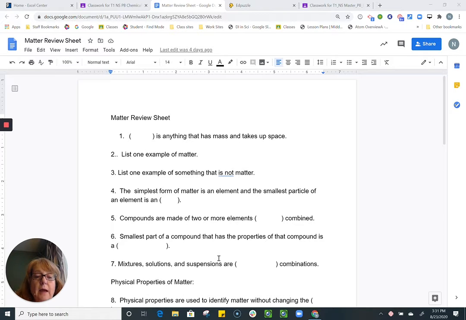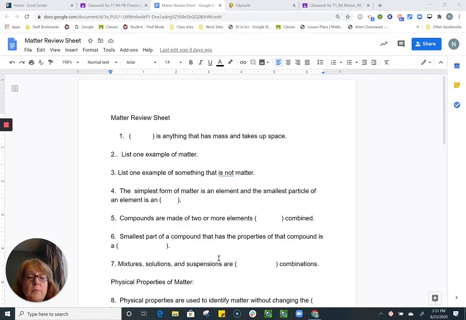On the other hand, compounds are made of two or more elements chemically combined. They are either sharing electrons or transferring electrons. That's a topic of another week when we talk about how atoms combine to form compounds.